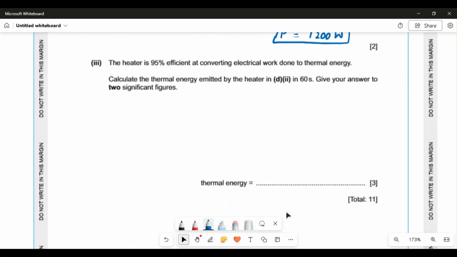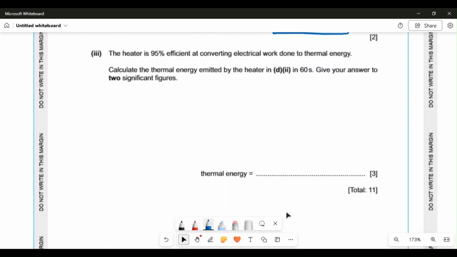The next part says that the heater is 95% efficient. So efficiency is 95% at converting electrical work done to thermal energy. Calculate the thermal energy emitted by the heater in part 2 in 60 seconds.